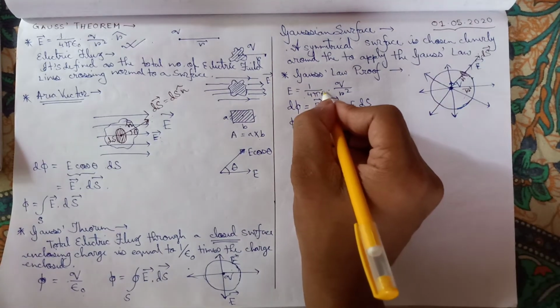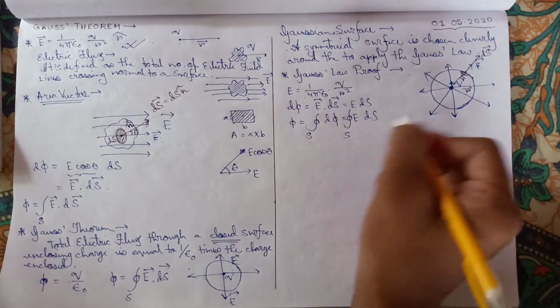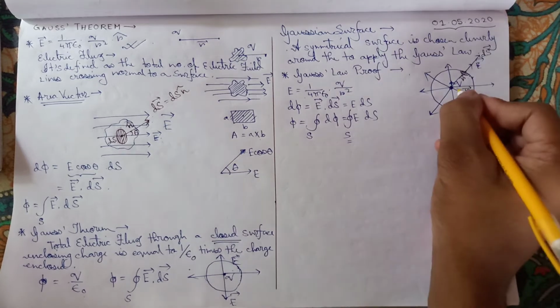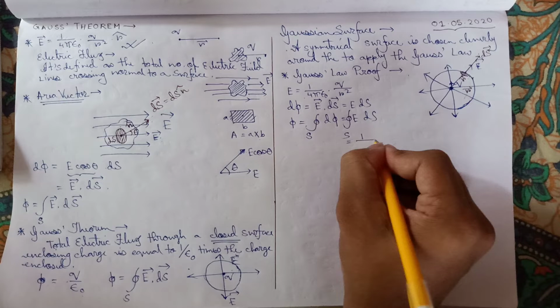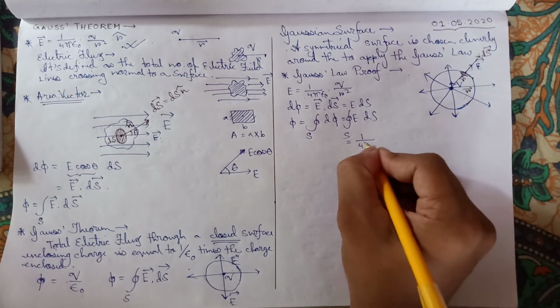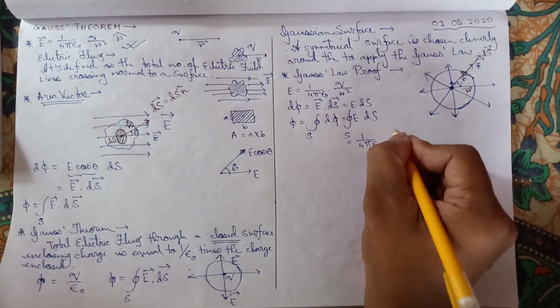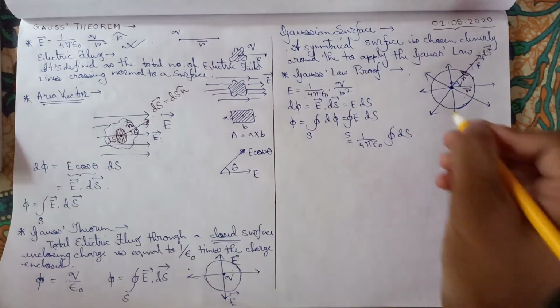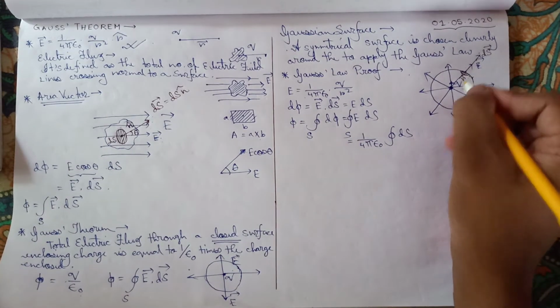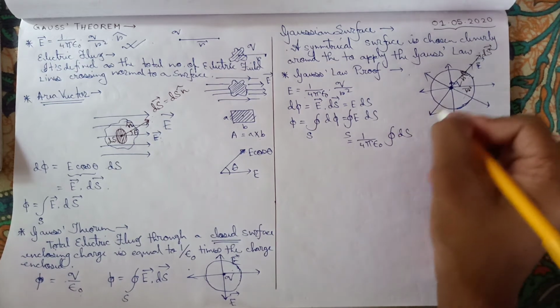Now look at that, 1 by 4 pi epsilon naught, q by r square is constant, because r is already taken as fixed here. So it comes before the integration sign, and the integration will only be done for the ds part. What is the closed integration of this ds?